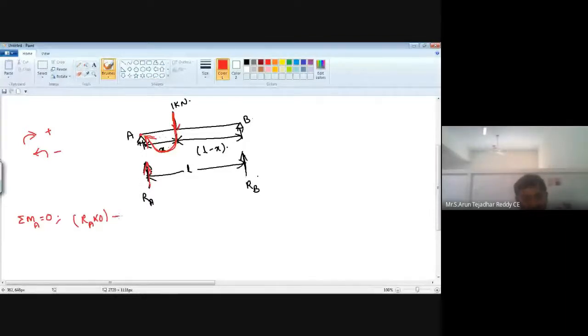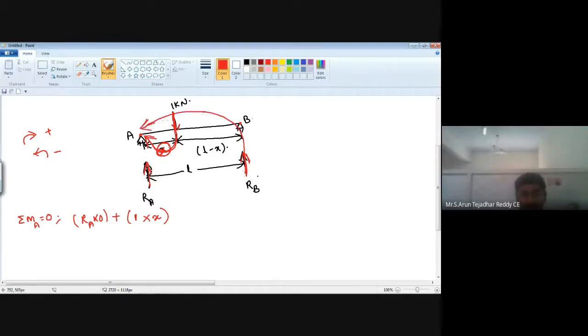So consider it positive. The load is 1 kilonewton and it should be multiplied with the perpendicular distance. Here the perpendicular distance is x meter. So x. Okay. Now at point B we have one vertical reaction, and how is its moment about A moving?